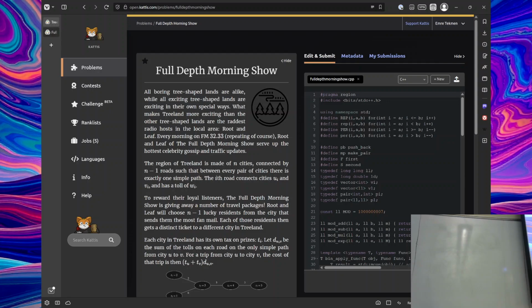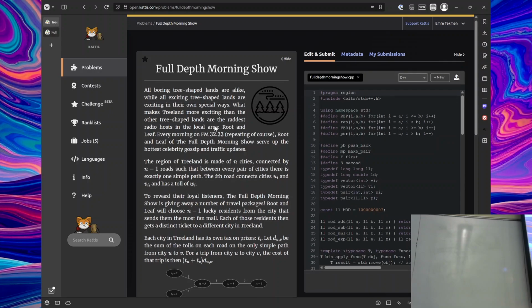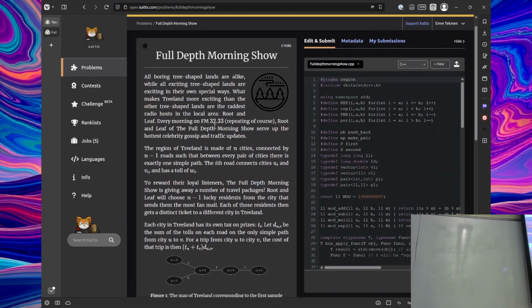So this is the problem. It's called the full depth morning show. Also remember, another skill you're going to need at ICPC is to be able to parse these kinds of questions really quick. All boring tree-shaped lands are alike.